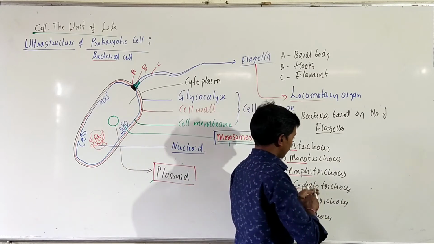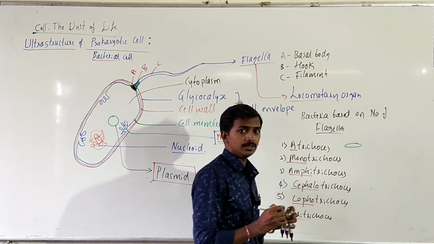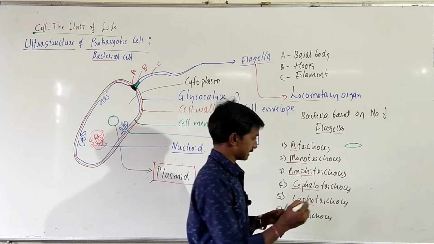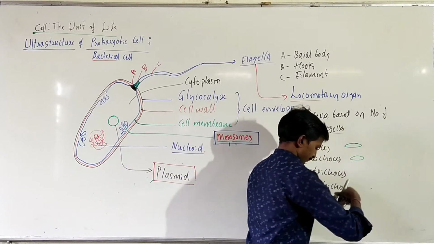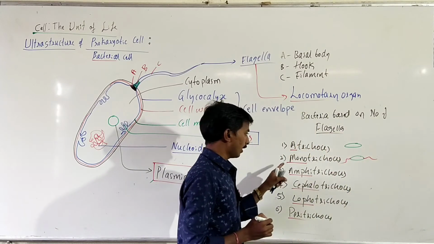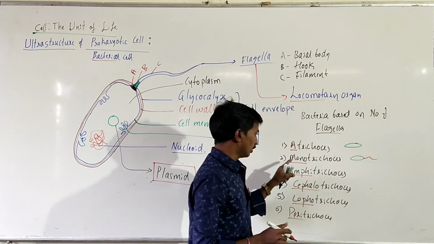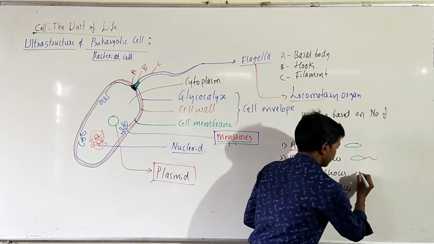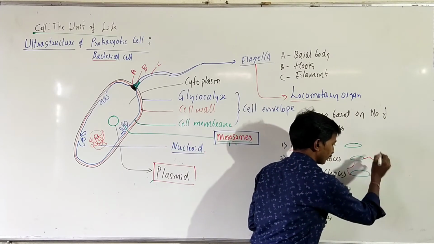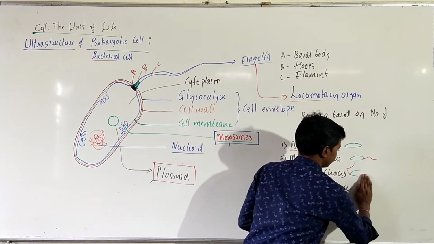When a bacterium does not have flagella, it is called Atrichous. When it has a single flagellum on one side, it is called Monotrichous. A bacterium with a flagellum on either side is called Amphitrichous.